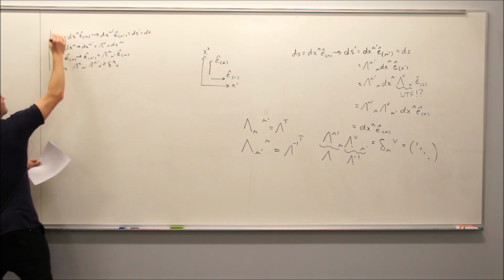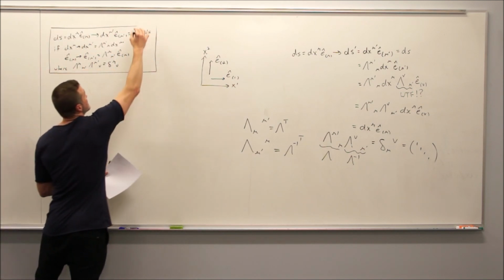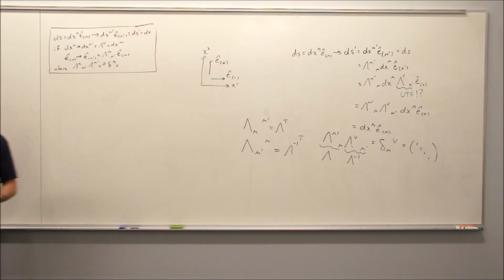Okay, so I'm going to put that in a box because that set of observations is going to be sort of a bedrock for much of what we're about to do.